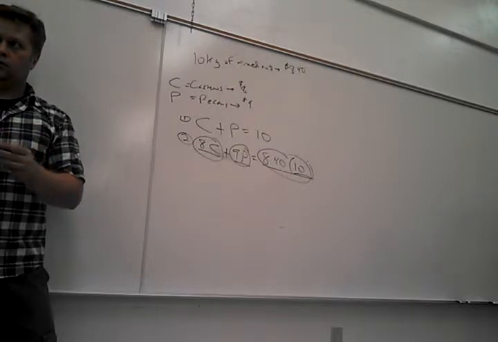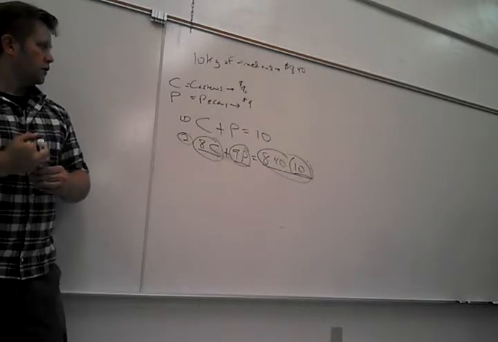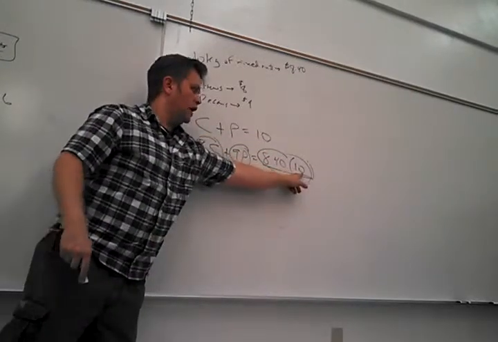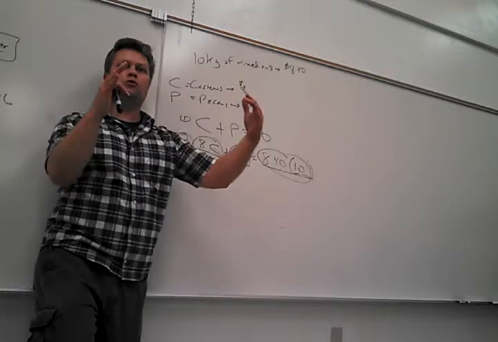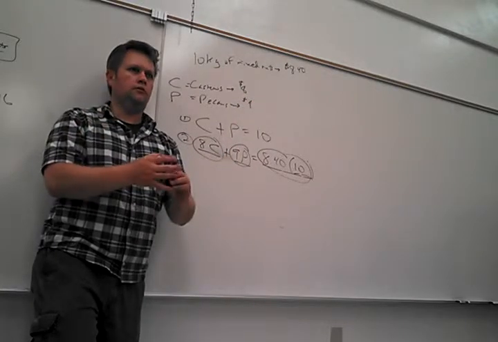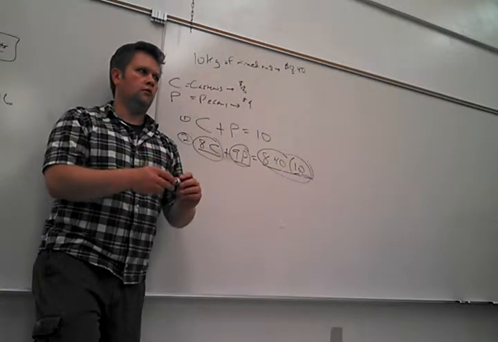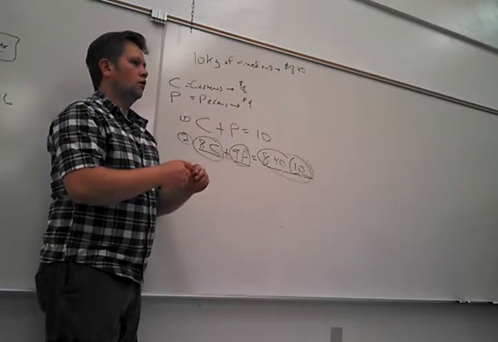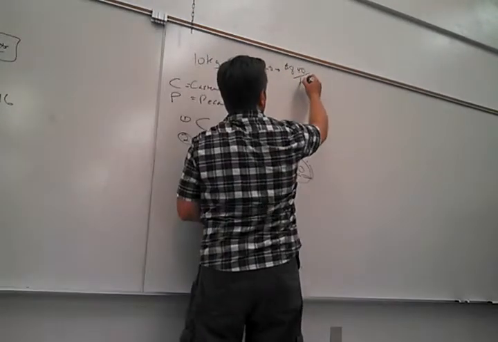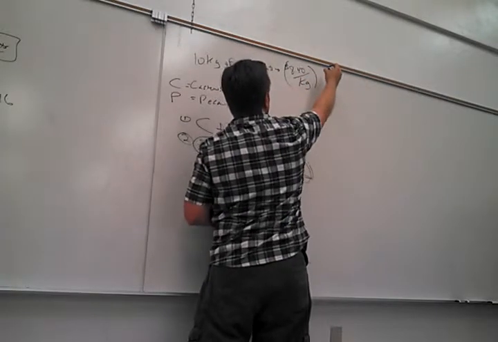I just couldn't figure out where to put it. Oh yeah. So it goes here, but it also goes there. 10 kilograms times $8.40 per kilogram is a total cost for that. So this is per kilogram, so to make it money, I've got to actually multiply it by 10.